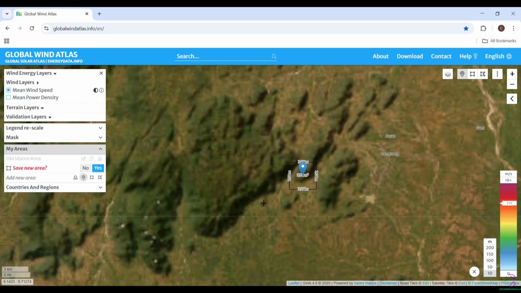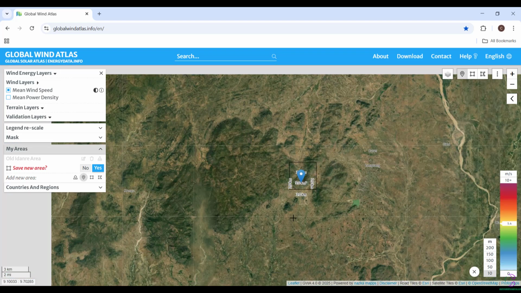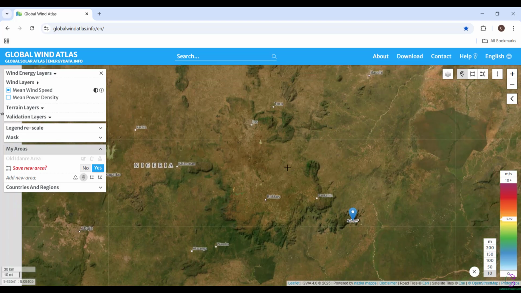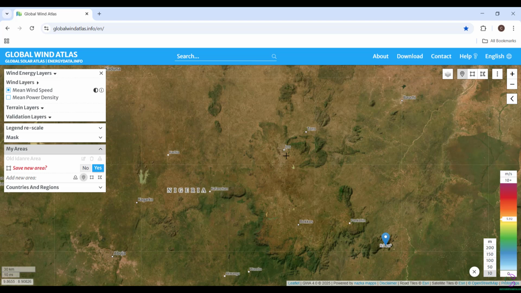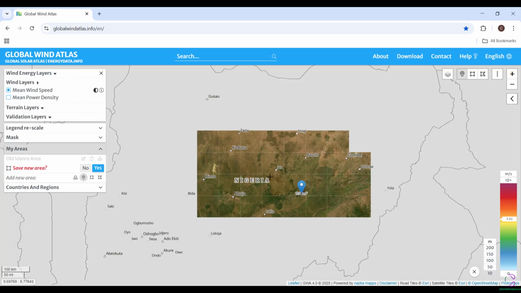You can see here you have 7.7 meters per second. You don't necessarily have such good wind speeds, for example, in Jos itself, where you have inhabitants. The wind speed there is different. It's lower than the 7 meters per second that was obtained in the mountainous regions.